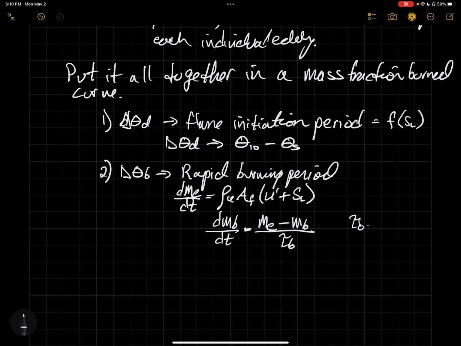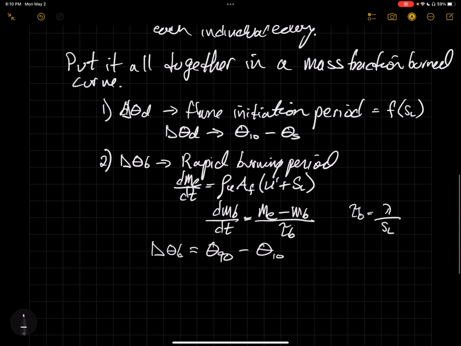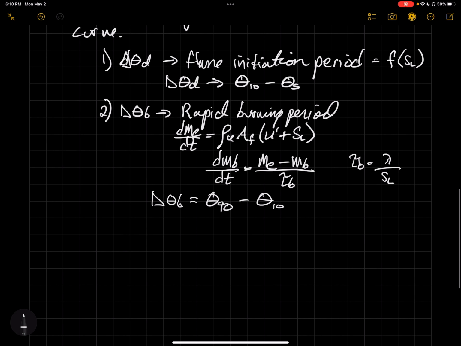And the burn-up time, of course, is lambda divided by the laminar flame speed. And of course, the rapid burning period, this delta theta b, is the time between our 90% mass fraction burned and our 10% mass fraction burned. So that's when the bulk of the burning occurs.